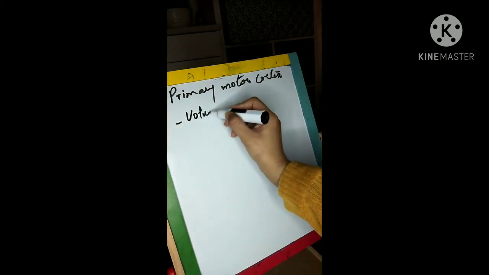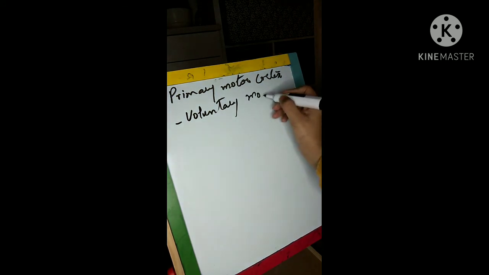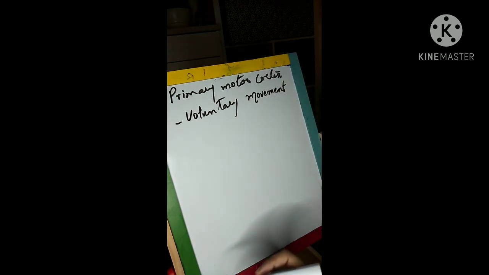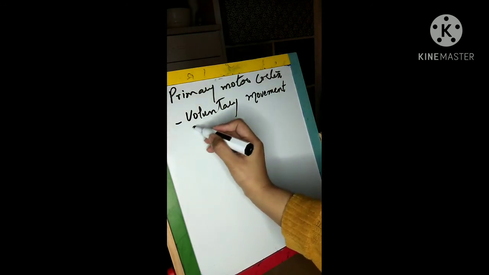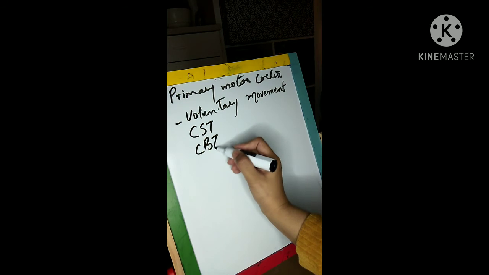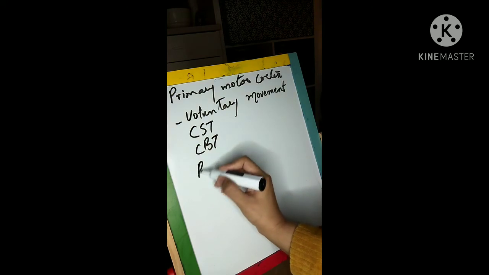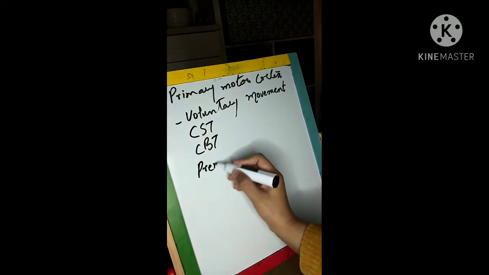So basically it is involved with the voluntary movements. So we have corticospinal tract and corticobulbar tract. The corticospinal tract moves down through the spine and reaches the skeletal muscles, and corticobulbar goes to the cranial nerve nuclei.